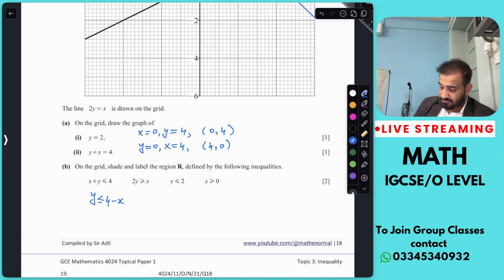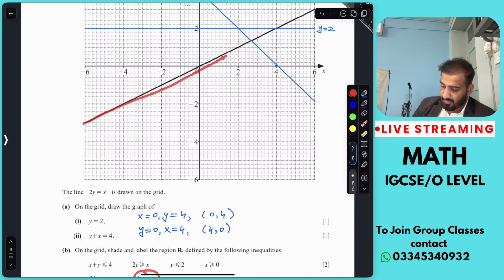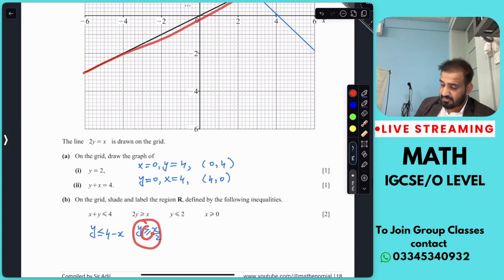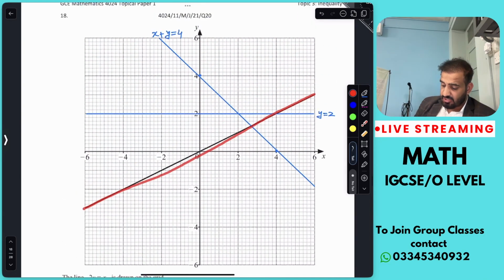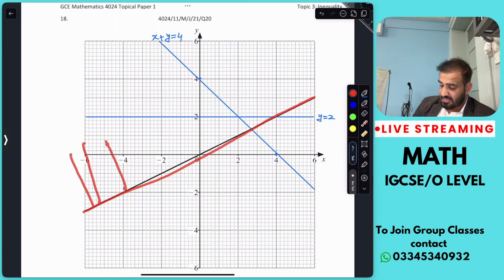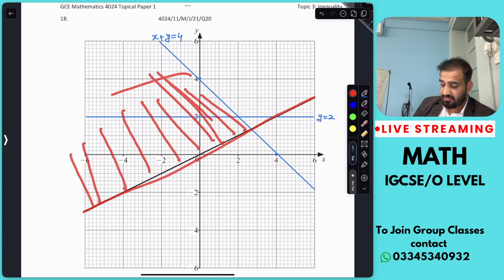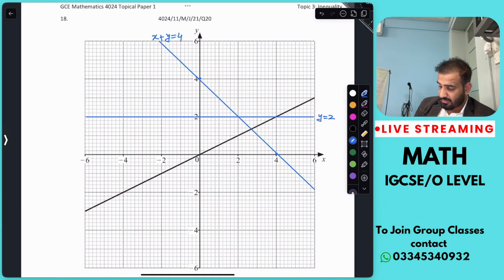This time we have y is greater than or equal to x over 2. That means y is equal to x over 2 is this line. And if it is greater than, it means above this line. So if we shade above this line, let's combine this shading with the previous shading. So I hope you understand this.